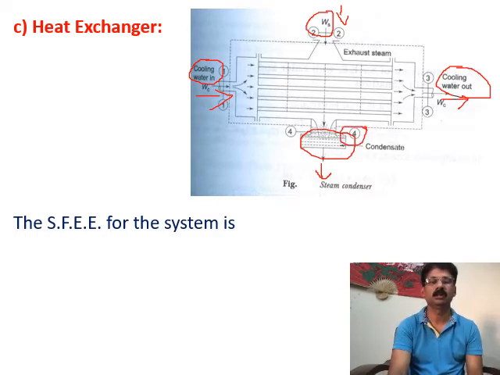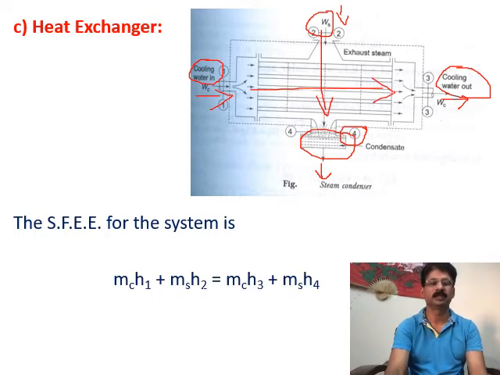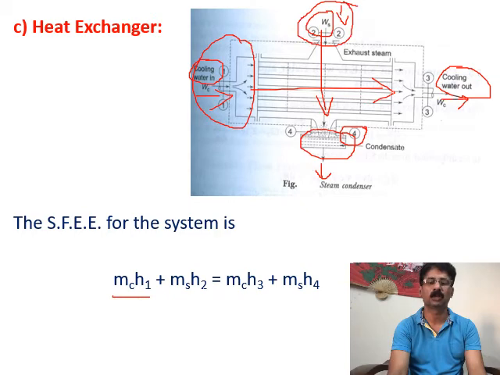So here the total heat, whatever is given by the hot substance, the difference in energy of this hot substance from here to here, will be absorbed by the cold substance passing from left to right. Writing that, mC into h1 is the total energy content of the cold fluid entering the heat exchanger, and mS into h2 is the total enthalpy or heat content of the substance entering at 2.